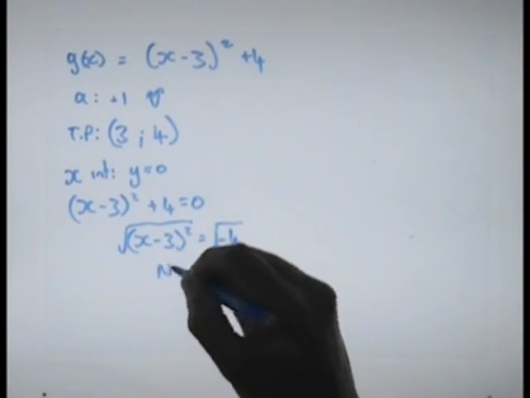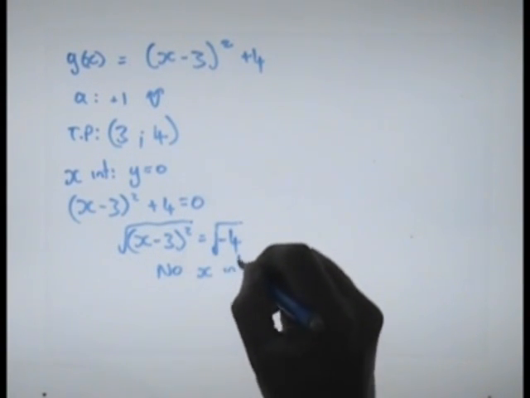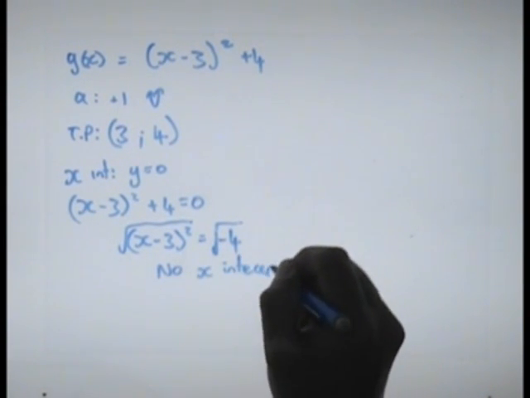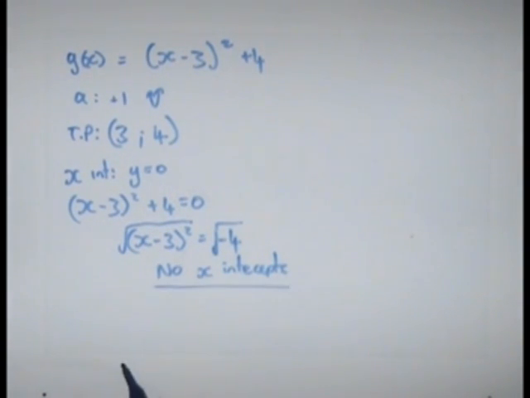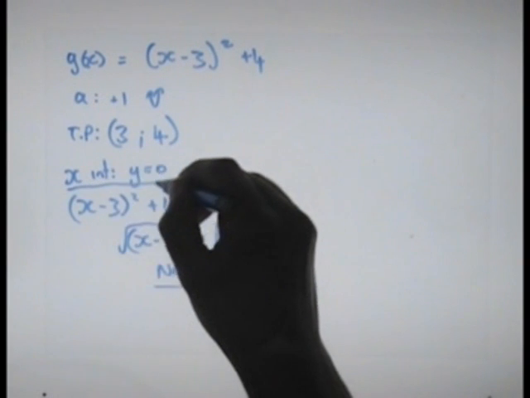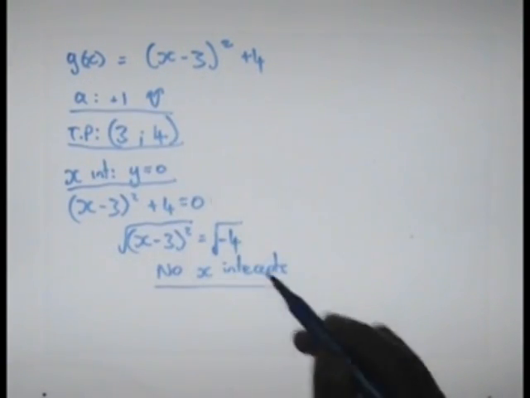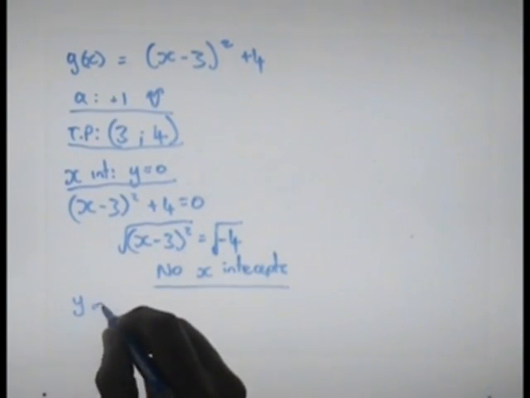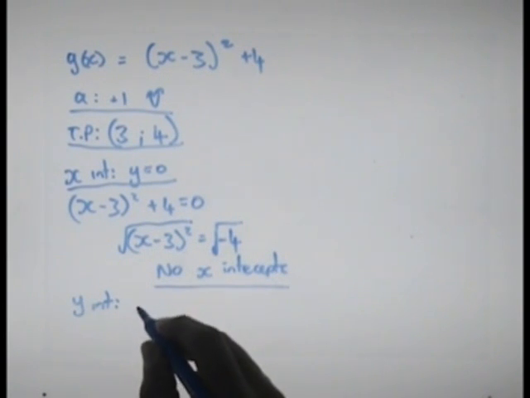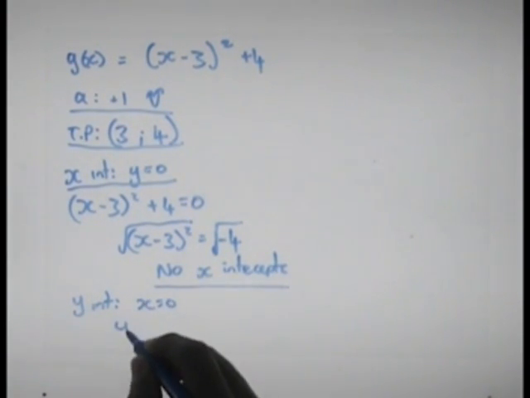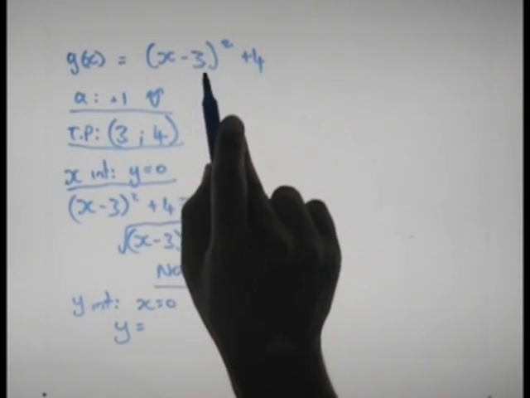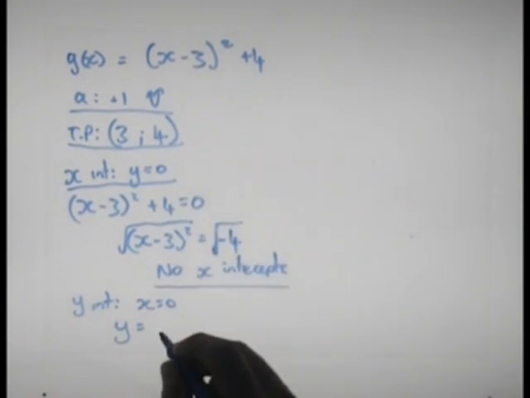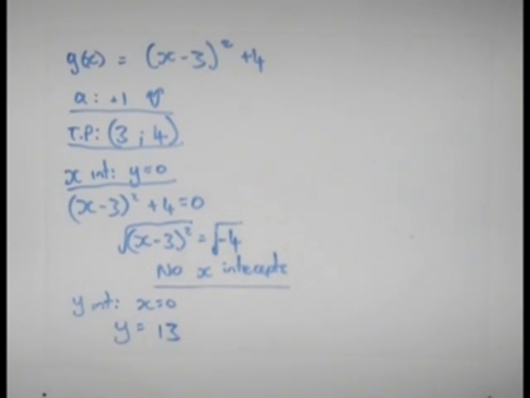That means that there are no x-intercepts. That doesn't mean that the graph is undefined. It just means that there are no x-intercepts. Step 4, I look for my y-intercept, which happens when x is equal to 0. That means that y is equal to (0 minus 3), which is negative 3, squared is plus 9, plus 4 is 13.